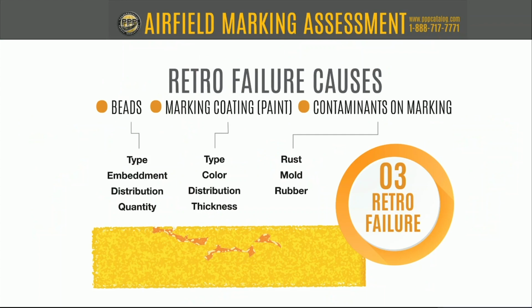Sure, thanks, Greg. And we've touched on a couple things. We kind of started scratching the surface on a couple of these causes of failure. What I see typically is, again, glass bead embedment and glass bead distribution resulting in the failure, at least for visibility concerns.